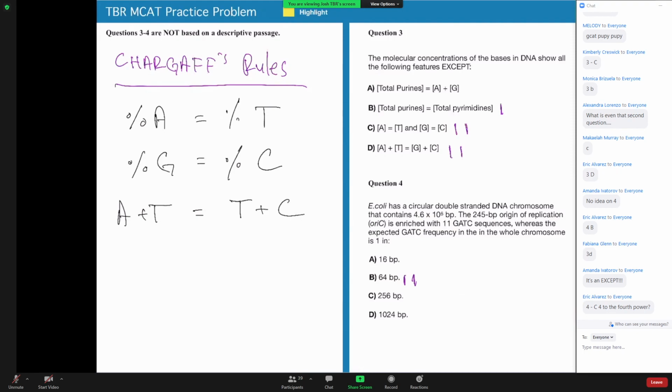That is because for every A, it's going to hydrogen bond to a T on the other strand of DNA, and for every G, it's going to hydrogen bond to a C on the other strand of DNA.